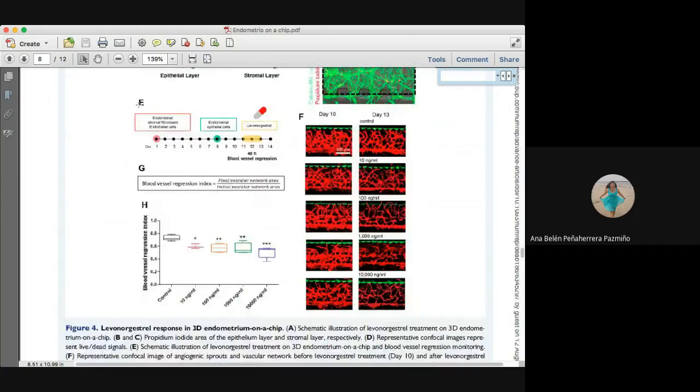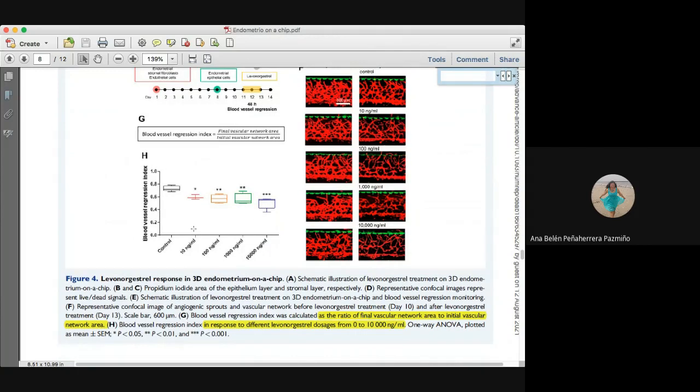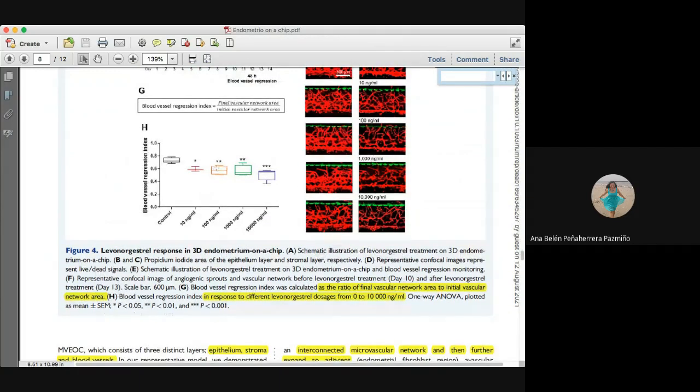So here you see the schematic of the experiment. So in day 11, they apply this drug, and they measure this blood vessel regression index. It means how the vascular network has decreased its size. So here you can see the index, and it also diminishes as the concentration of the drug increases.